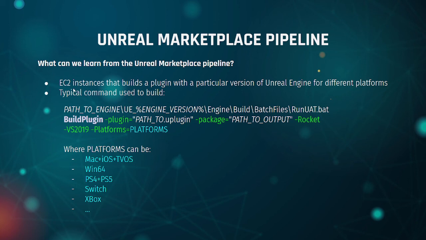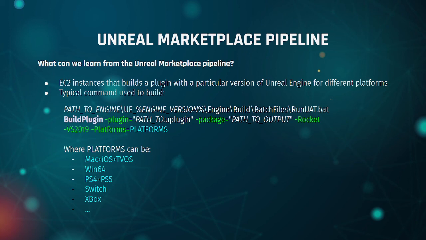We saw, at least I see, that when they send me the problems that some builds have, they send me the full log, and I can see in the logs that they use the EC2 instances from Amazon, and they can build a particular version of the Unreal Engine and use that for building a plugin for a particular platform.